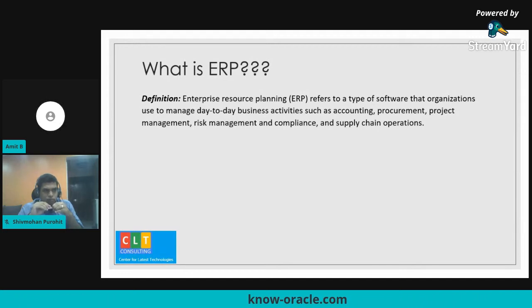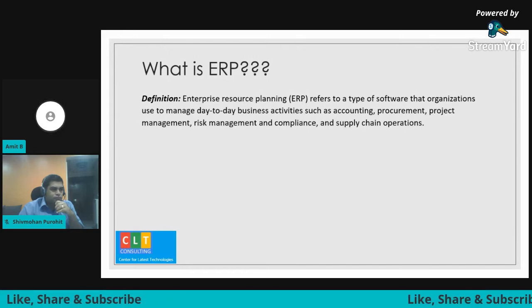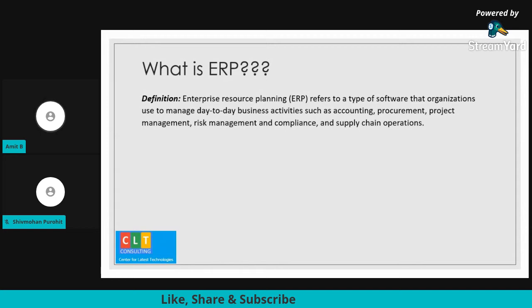So as the definition also talks about, enterprise resource planning refers to a type of software that organization use to manage day-to-day business activities such as accounting, procurement, project management, risk management, and compliance, and many other things. So exactly like many of you are talking about, it is a planning software for all the resources.